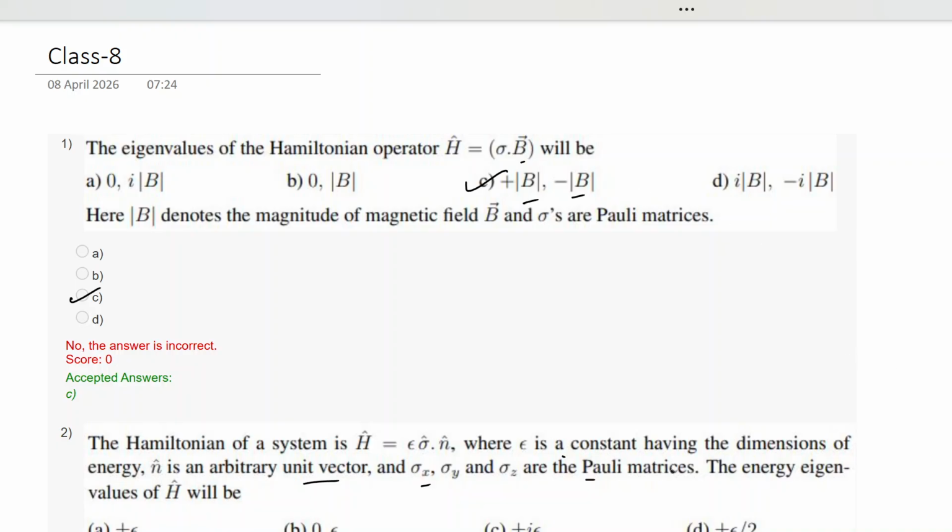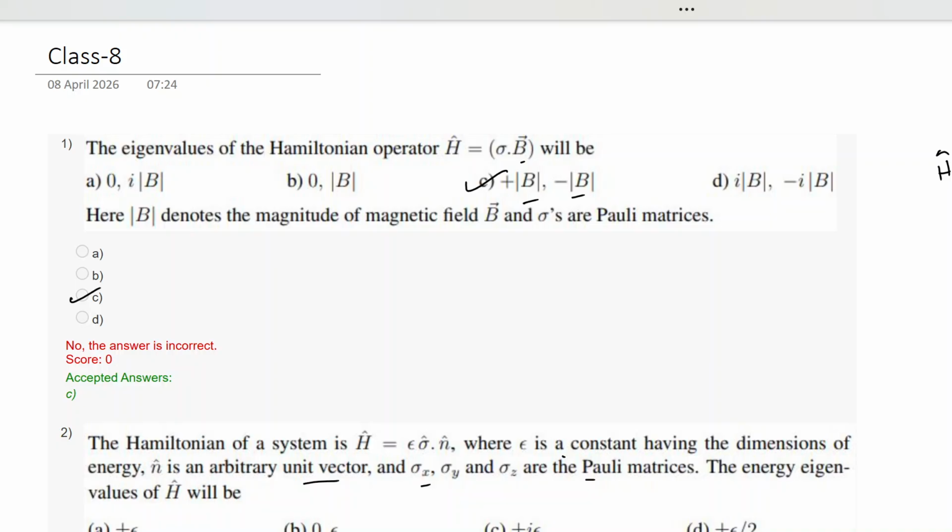The only structural difference is that here H cap is epsilon sigma dot n. In question number 1 we had to represent the field in the unit vector form. How? We took the magnitude of B common, and then the direction of B as an n cap vector, and took a dot product with the sigma spin matrix.